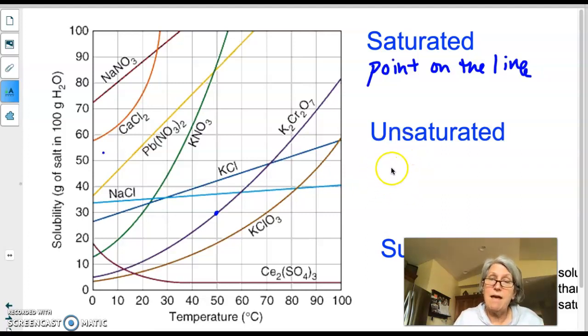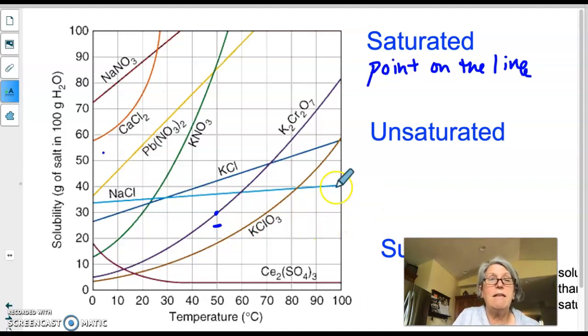Unsaturated means that it can hold more solute at a given temperature. We call that an unsaturated solution. So if I'm looking at this potassium dichromate and I say that at 50 degrees I want to put 25 grams in, which is about there, that would be an unsaturated solution.